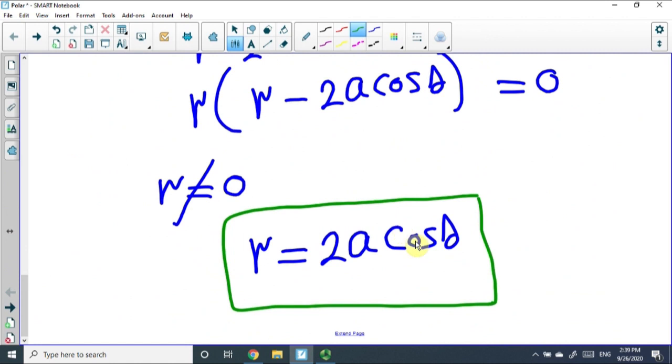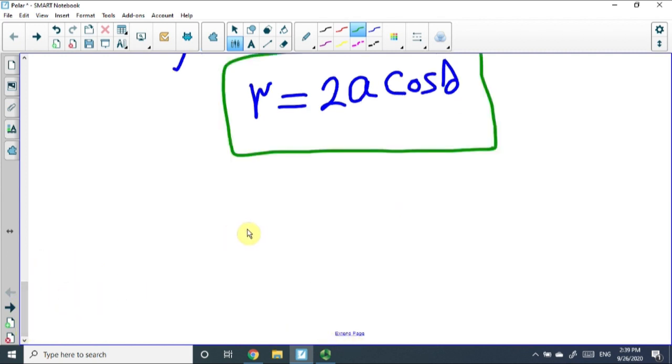For example, let's try theta to be 45 degrees. Cosine 45 degrees is 1 over square root of 2, and that will give you the value of r. Theta is going to change up to pi over 2. As we explained, the values of theta are between negative pi over 2 and pi over 2.